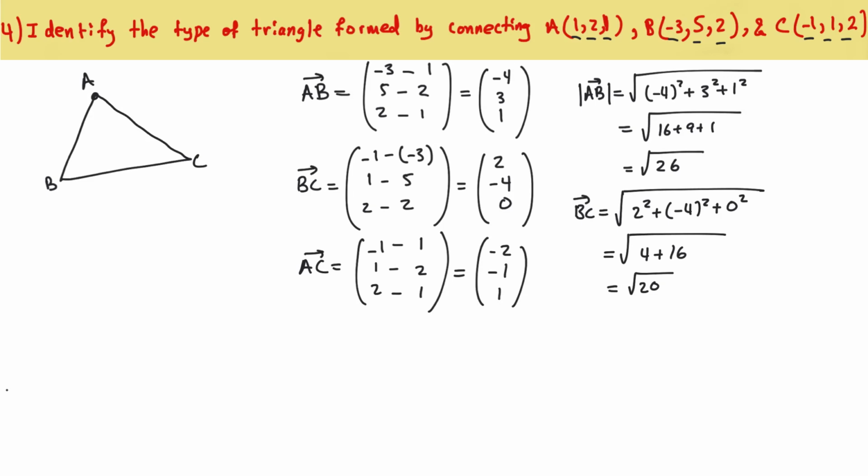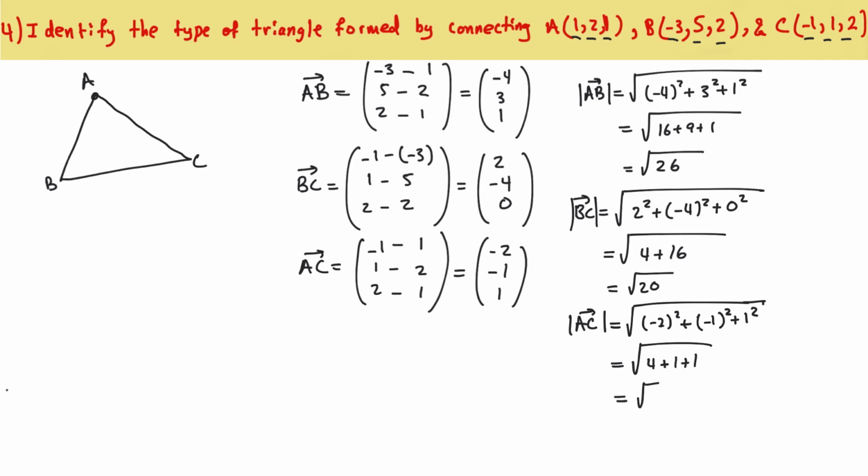Finally, for the last one, the magnitude of AC is going to equal the root of the x component squared plus the y component squared plus the z component squared, and that is going to equal root of 4 plus 1 plus 1, which is root 6. Basically, we can write it out.